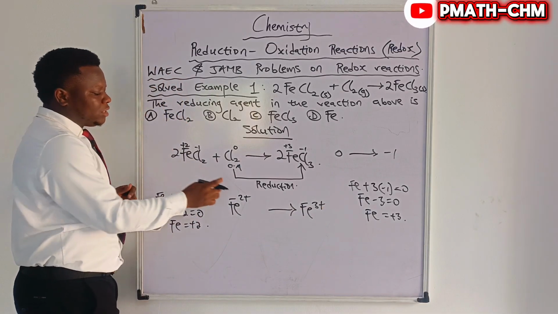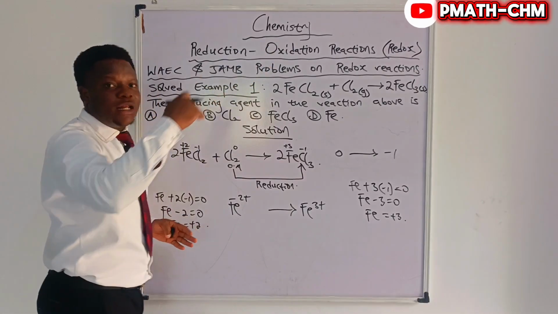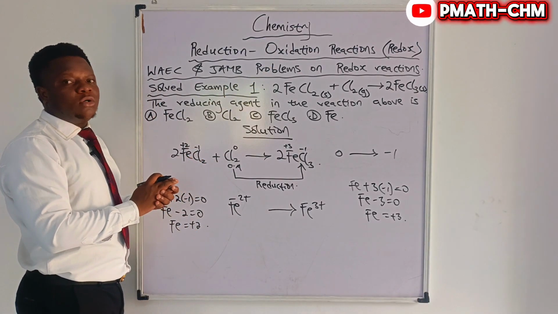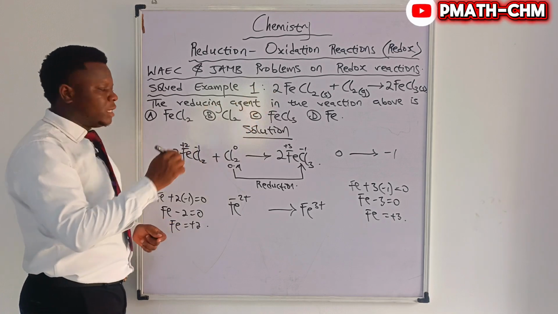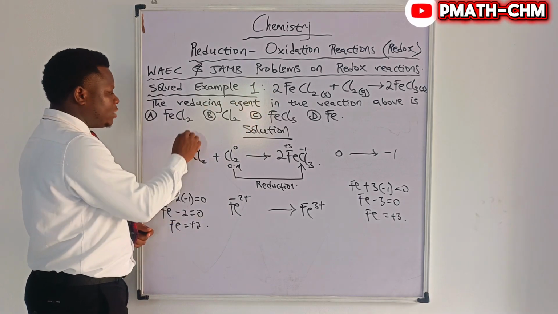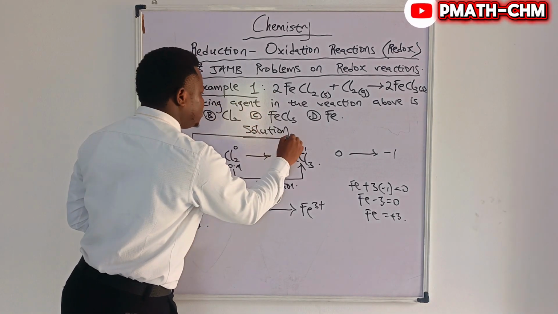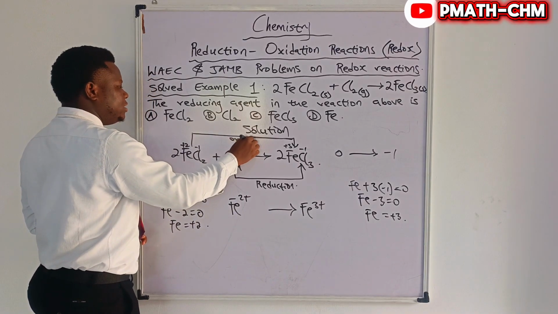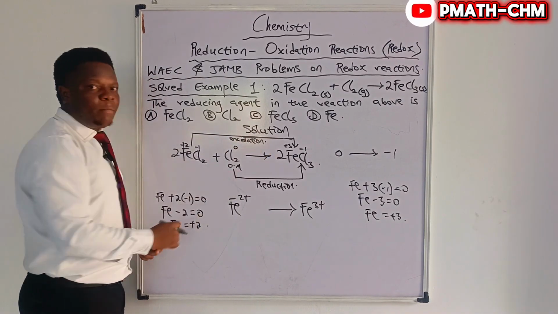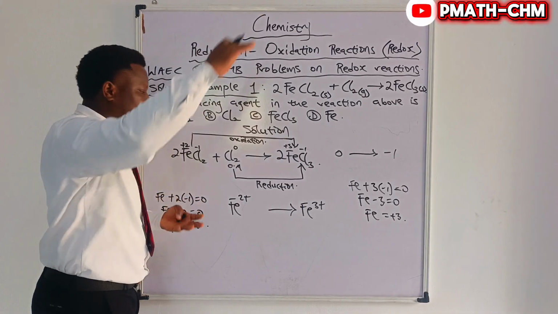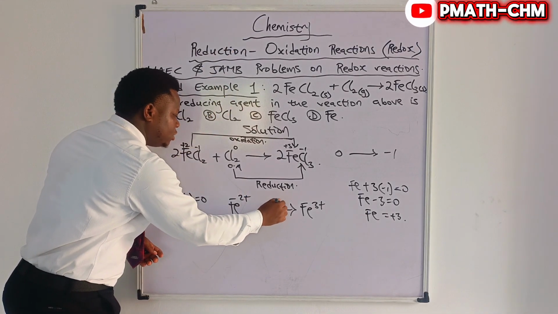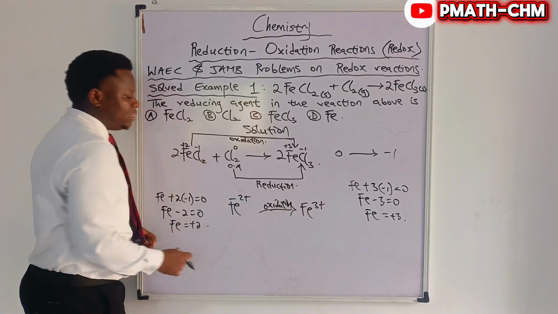Remember, for the oxidation number of an element to increase, it means that element actually lost electrons, and oxidation is defined as loss of electrons. So if I draw an arrow from this down to this, the arrow represents oxidation. The oxidation process always leads to an increase in the oxidation number of an element.